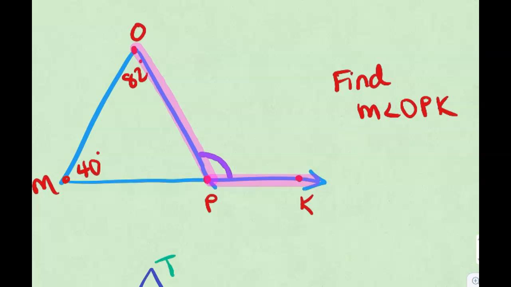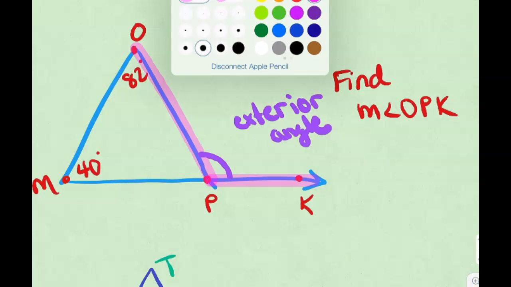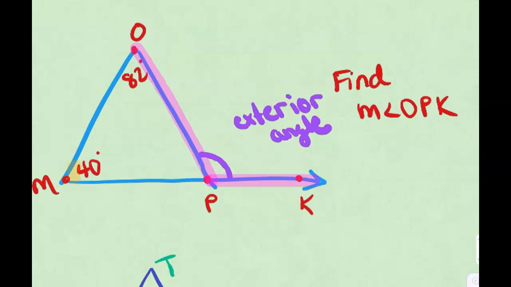And what I want you to notice, this is the exterior angle in our triangle. It's outside of our triangle. So what we know when we have an exterior angle, if we look at the two remote interior angles, the two angles that are inside our triangle that are furthest away from our exterior angle, we can add those together to get angle OPK.